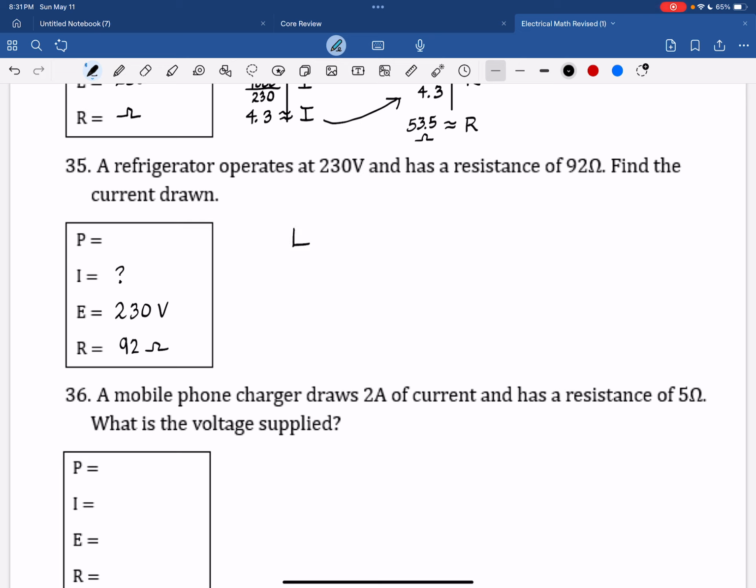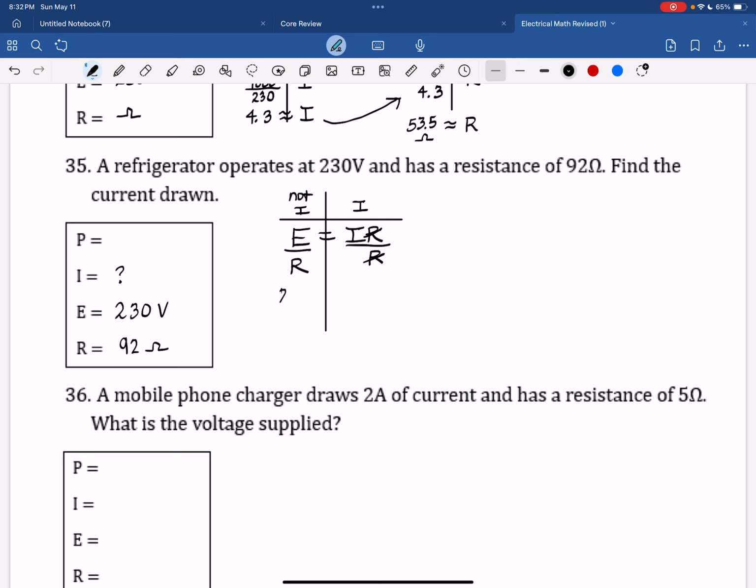Don't have power to consider here, so let's use E equals IR. And we are looking for I this time. So we want I, and then anything that's not I we bring to the other side. So let's divide both sides by R and then substitute.